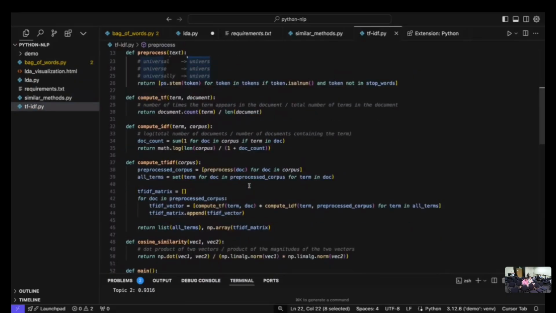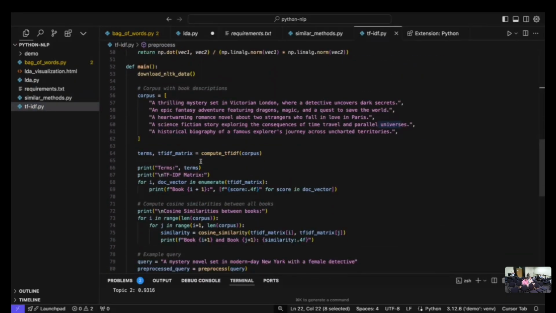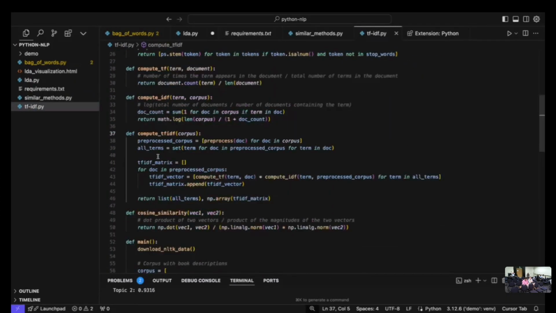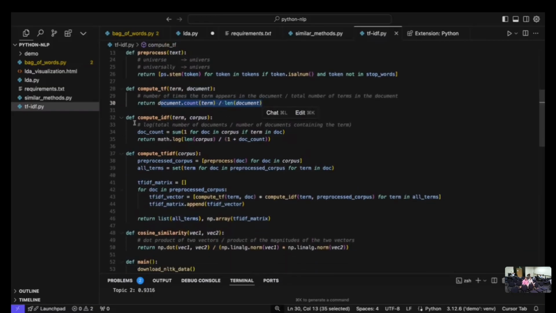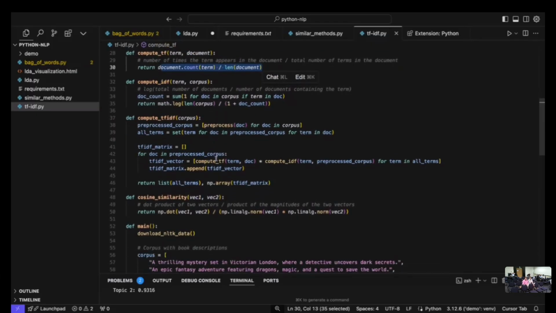In this case, after pre-processing, we compute the term frequency and inverse document frequency. Here we are just using the basic function, like the number of times the term appears in a document, basic math. And the same formula we saw earlier in the screenshot we are using to compute IDF.